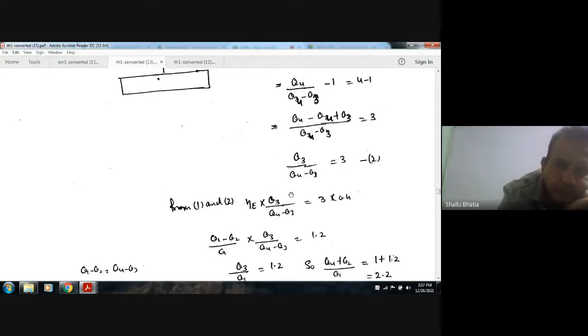So multiplying these two, we have the efficiency (Q1 minus Q2) by Q1 and this ratio Q3 by (Q4 minus Q3), and it will be equal to 3 into 0.4, which is 1.2.